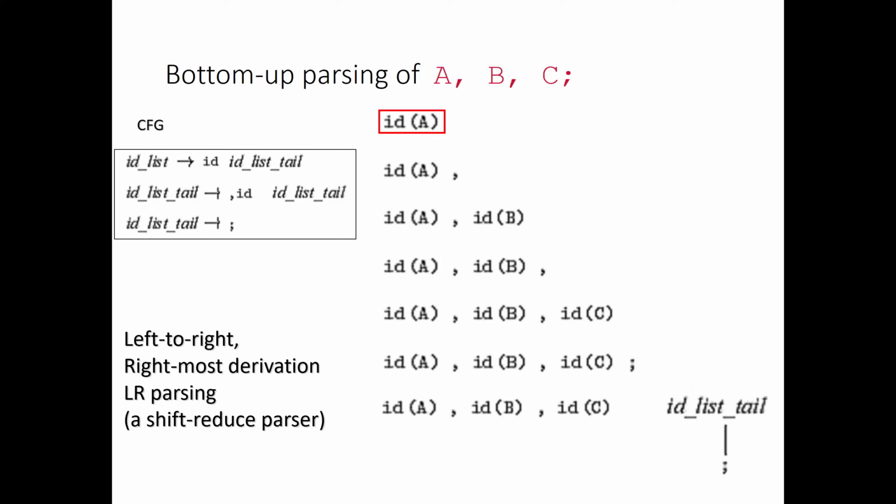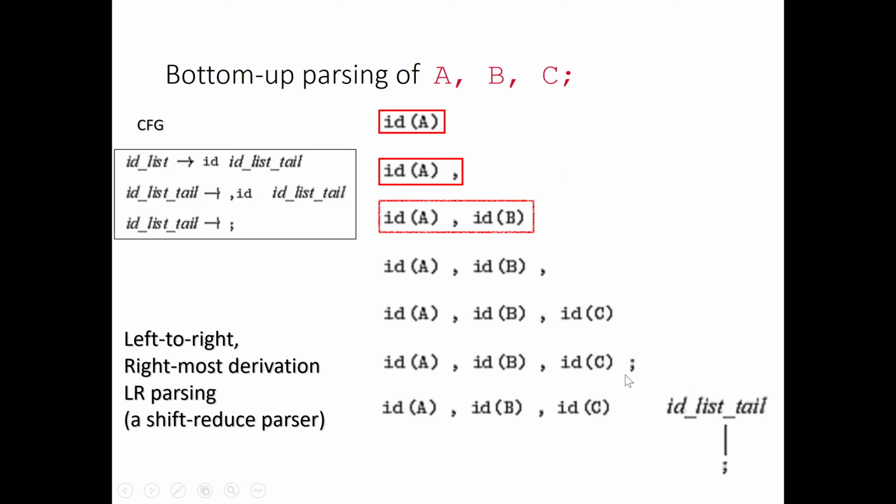Next is an example of bottom-up parsing. Here we take the same grammar. It is called left to right, rightmost derivation. So what is the rightmost derivation? I substitute ID of A because I need to get the first character, A. Then I need to get comma, next B, next comma, and finally semicolon.